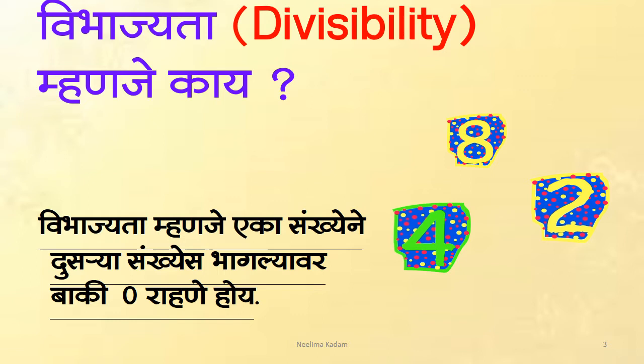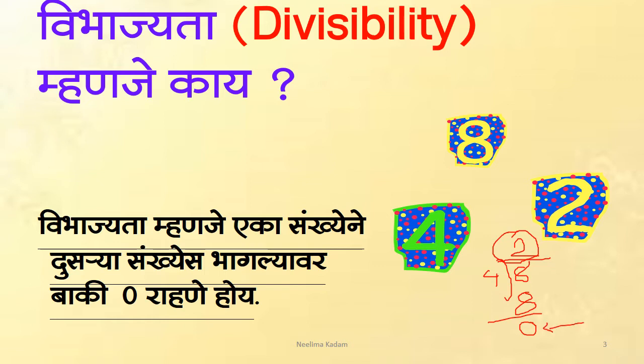या ठिकाणी 8 या संख्येला 4 ने भागल्यानंतर, 8 divided by 4. If 8 is divided by 4, here 4 2s are 8 and the answer will be 0. So here we are getting this whole number and the remainder is 0.